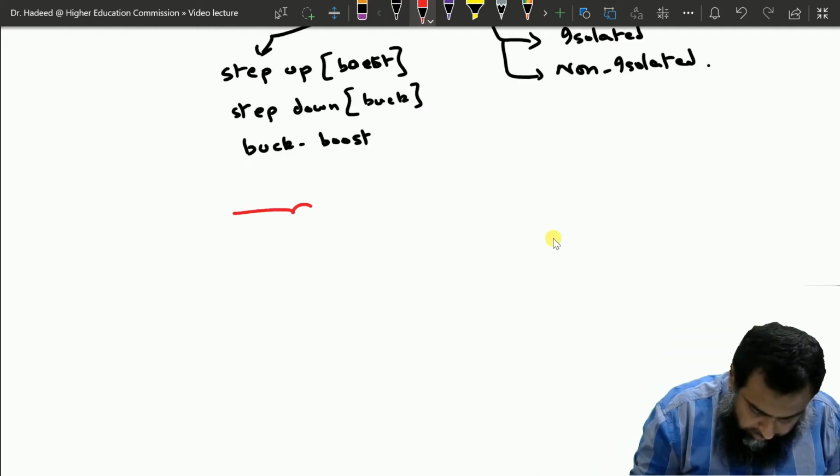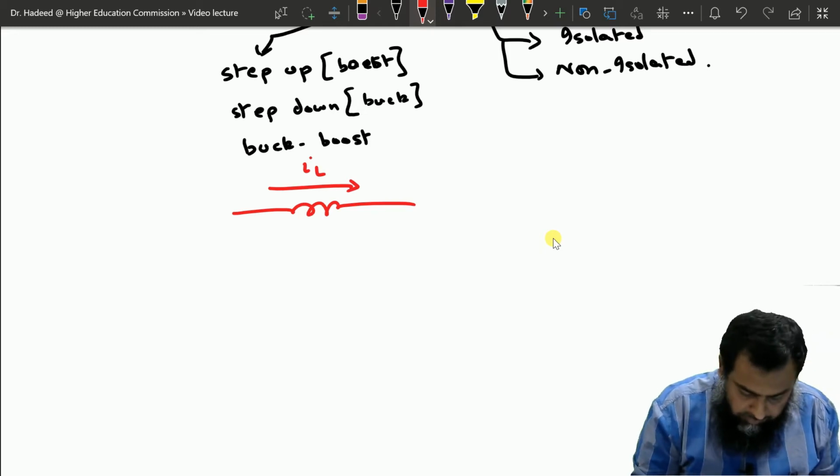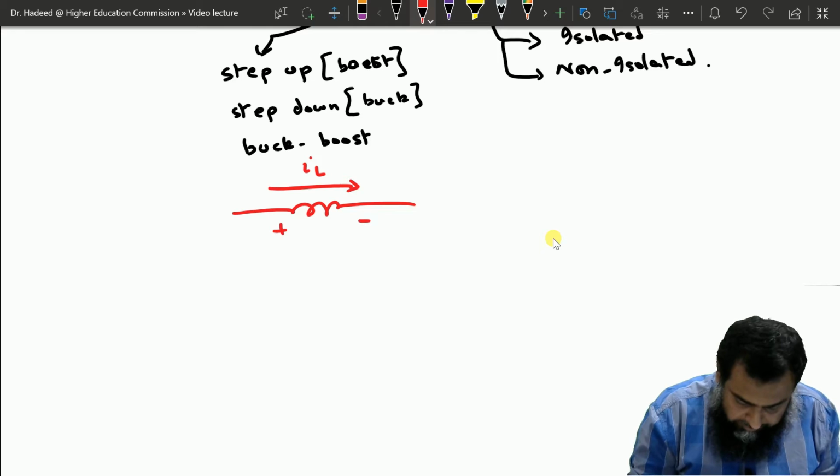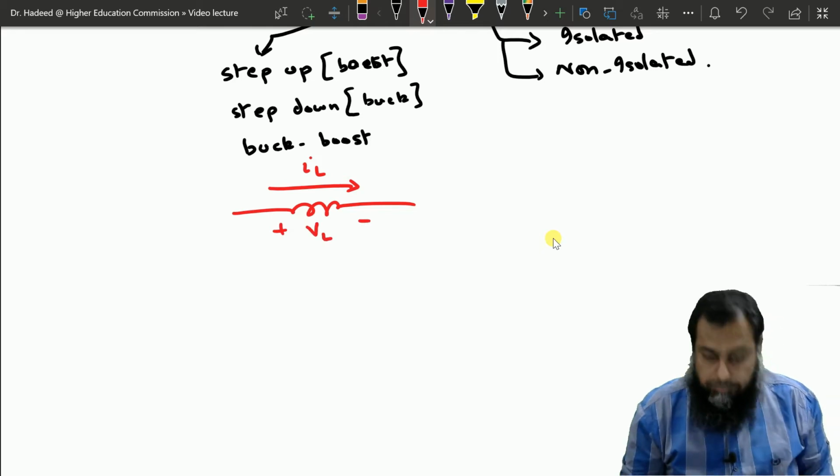Suppose that we have an inductor through which the current flows from this side to this side, and therefore we say that this is positive and this is negative, and this is the applied voltage VL.